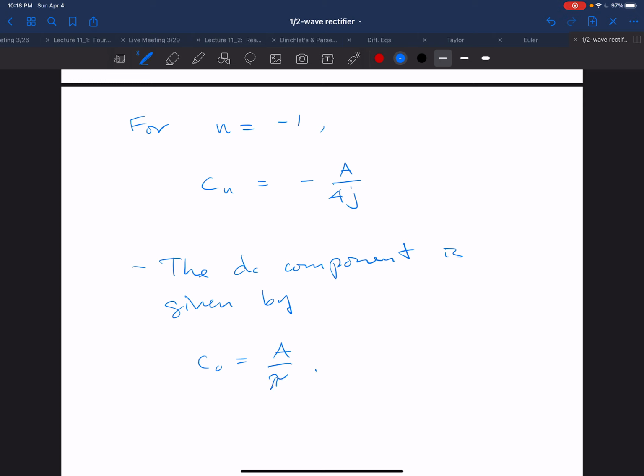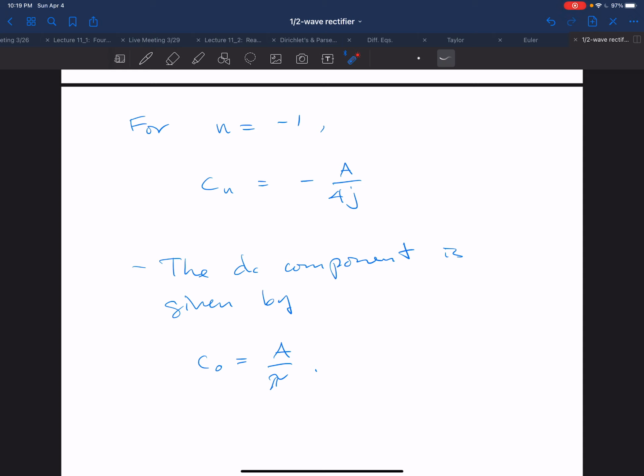So you can go ahead and compute these Fourier series coefficients if you like. It's a simple exercise in finding Fourier series. And what we're really after in this case, since we're building a rectifier, is this DC component.